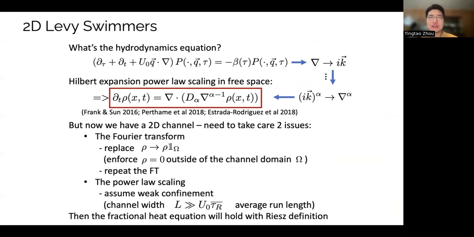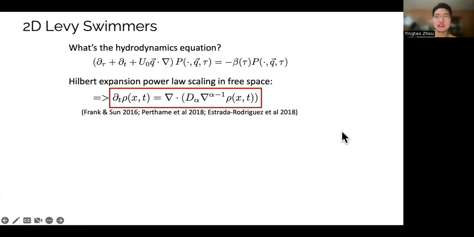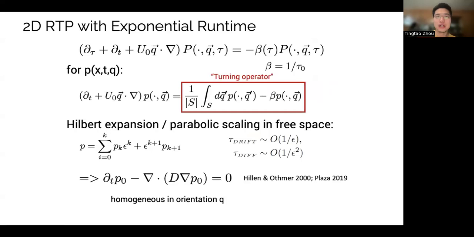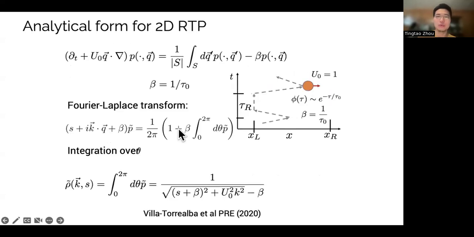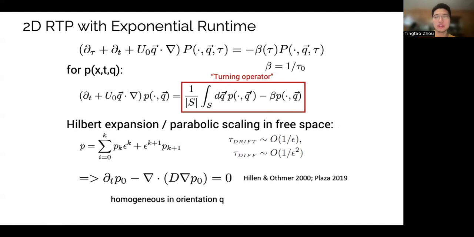I think all the reasons are really in this procedure of the multi-scale expansion, right? As you mentioned, we do start from a Pareto distribution of the waiting time. But then what we did is we followed this Hilbert expansion, which is really a multi-scale series expansion.